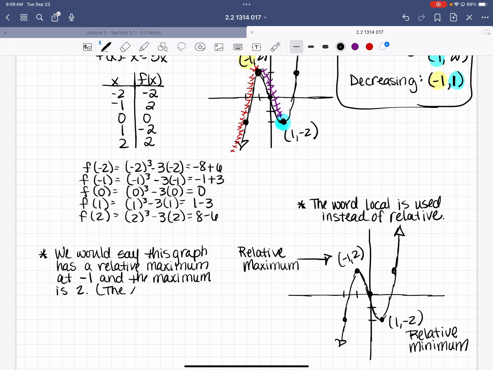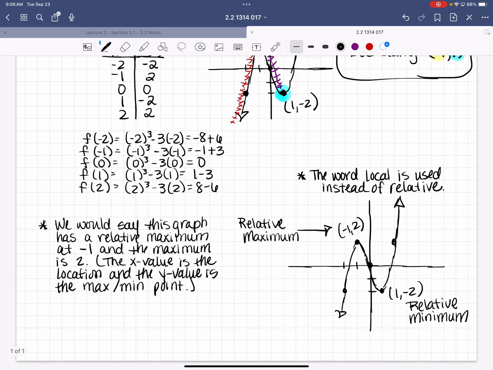So the x value is the location, and the y value is the max/min point. And I put max/min because it works the same for minimum. It goes, where is the relative minimum? What is the relative minimum? Okay? All right, we good with that?